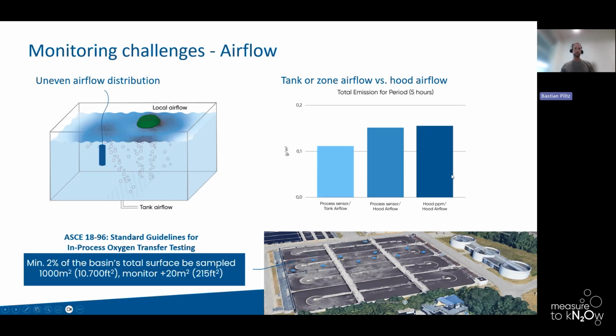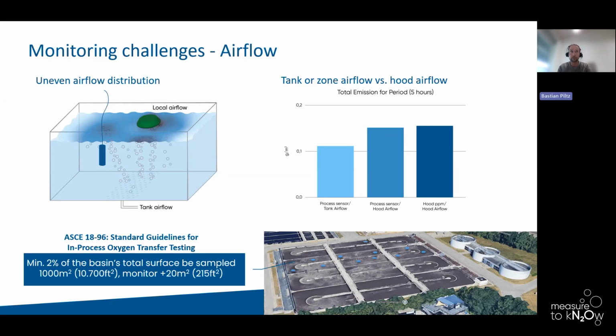Basically, what we see on this small graph is that using the same airflow from the hood and then calculating the emissions based on the process sensor, on the liquid phase sensor and the hood, you get a very similar result. Whereas if you use the tank airflow, you're getting a much lower result, which points to the fact that you're overestimating based on placing your hood in an extremely high flow zone.